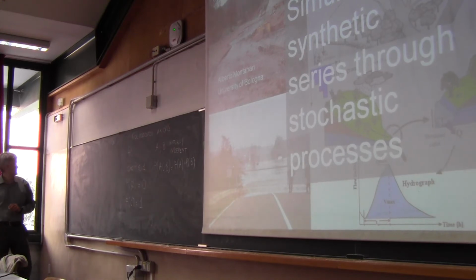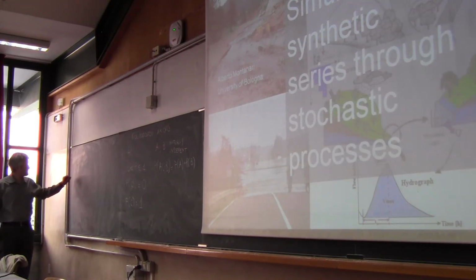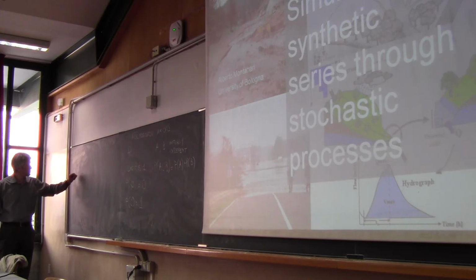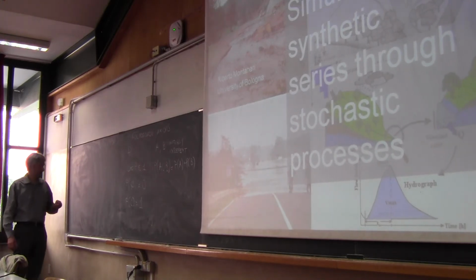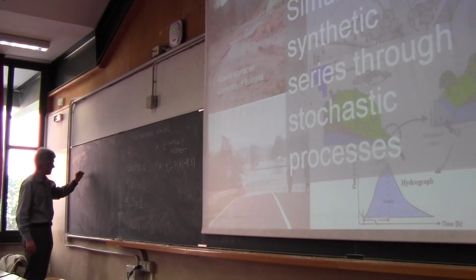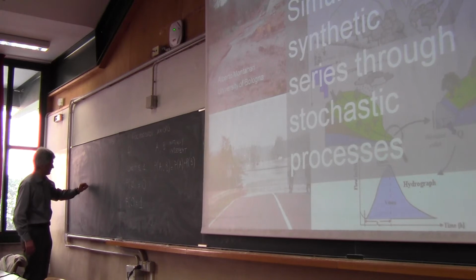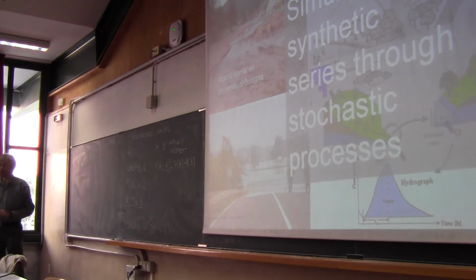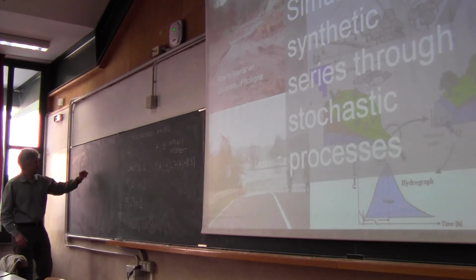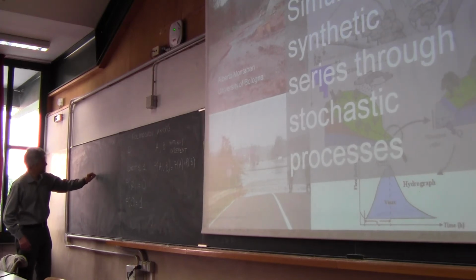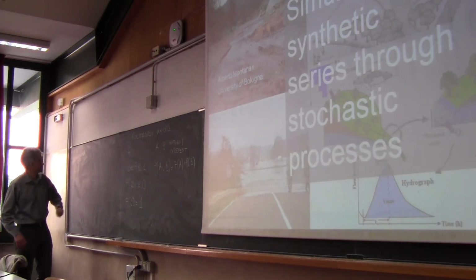Then you define the probability of a given outcome A as the limit for n tending to infinity of NA divided by n.